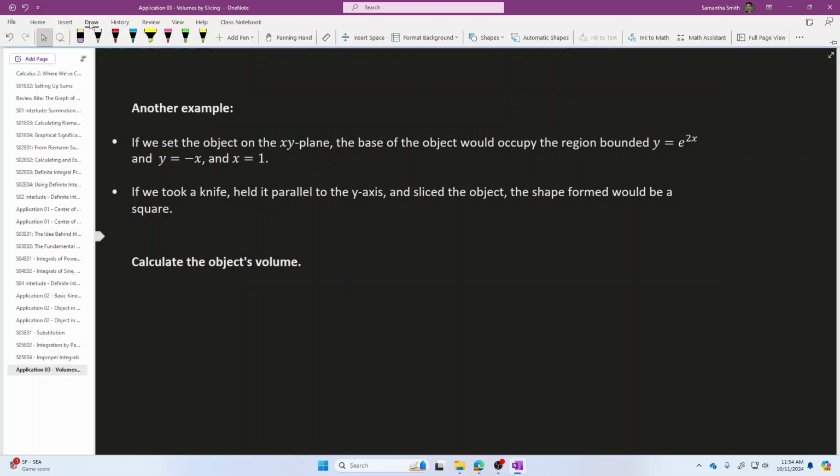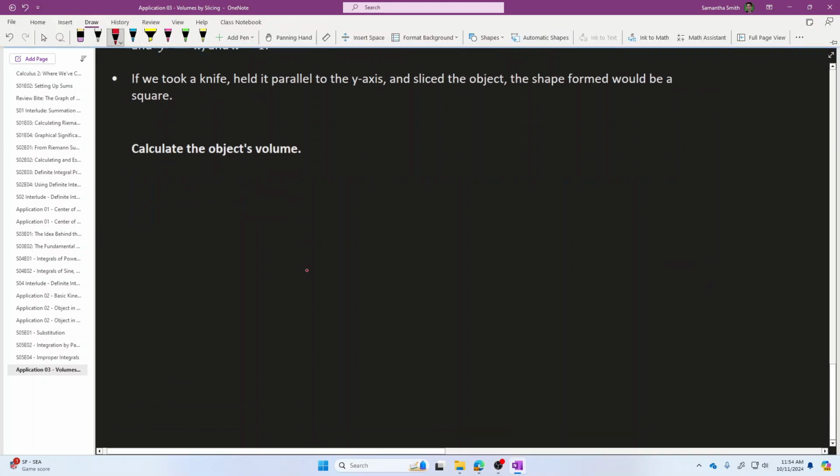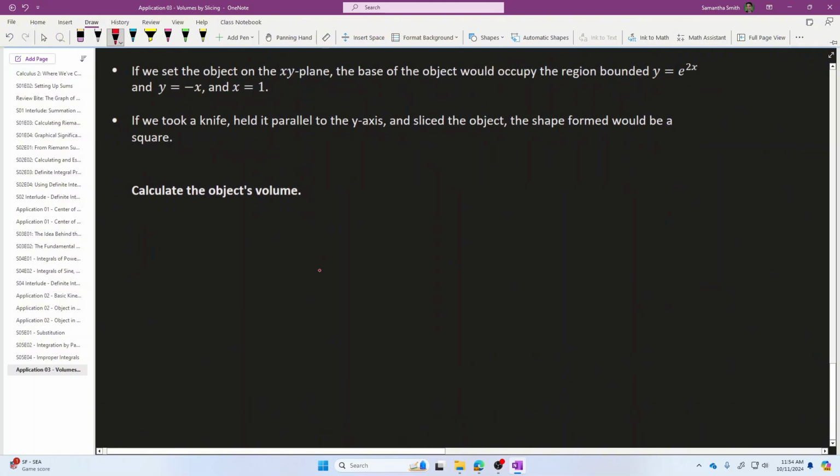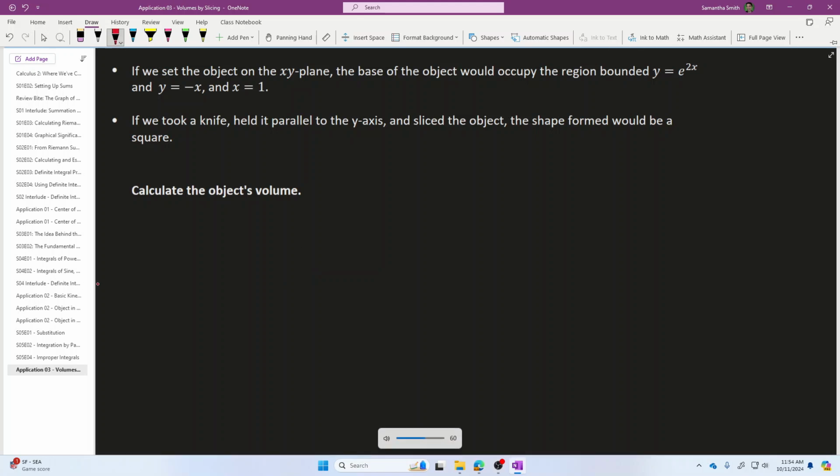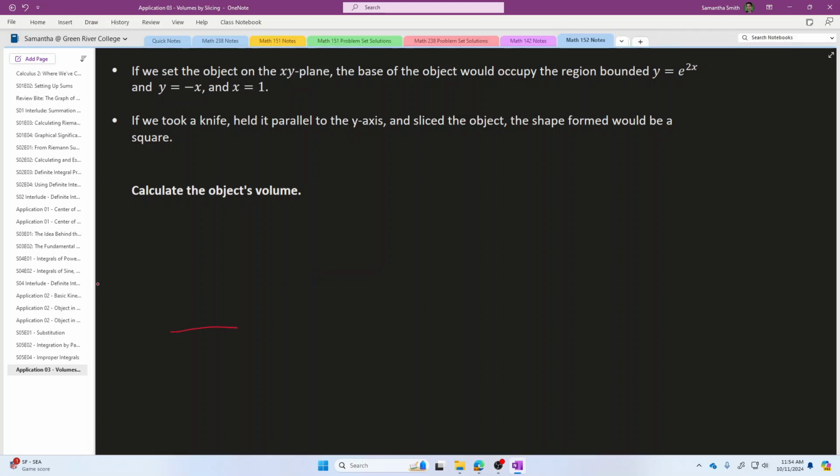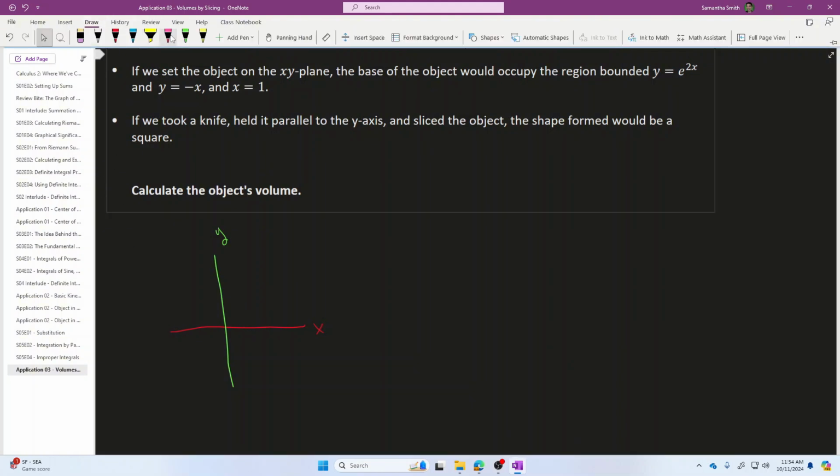Now, as before, the very first thing that I am going to do personally is use a couple of drawings to help me get some purchase on this problem and understand what is going on. I'm going to start, as before, by separately drawing the base of the object in two-dimensional space. Here's the x-axis, and here comes the y-axis. This is where I will draw the object's base.